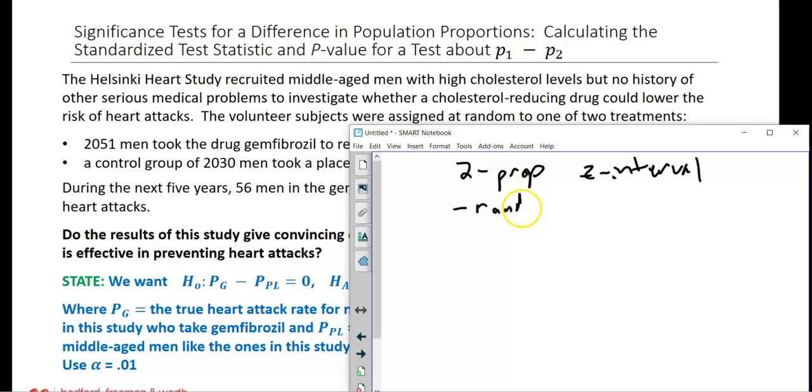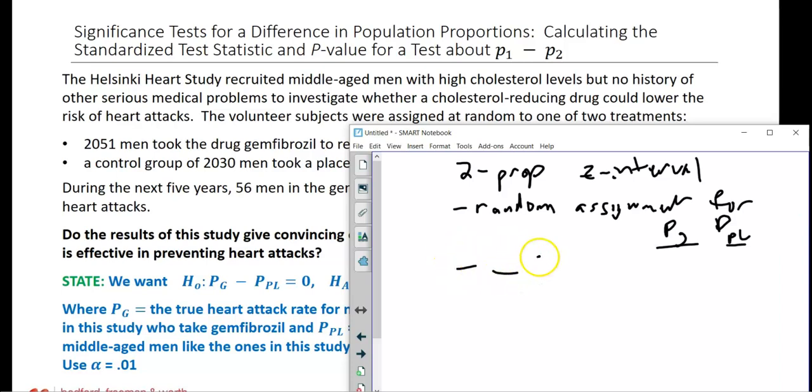We're going to say random assignment for both groups, for the PG and the PL. You need to say that in words, but that's the idea of it. I'll show you what they said in a second.